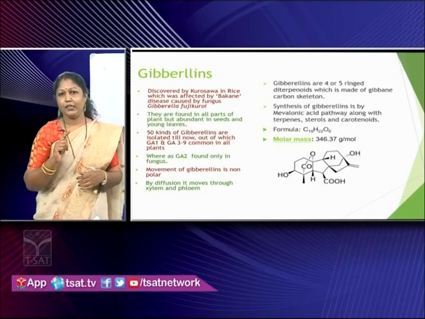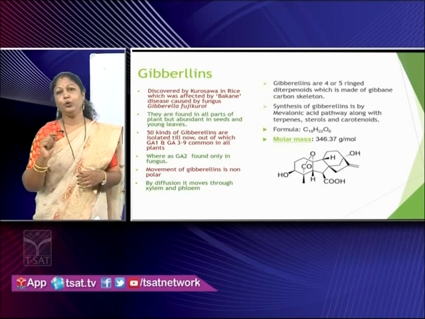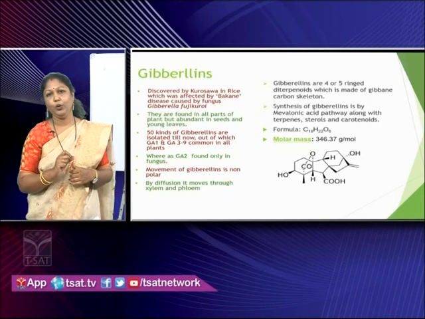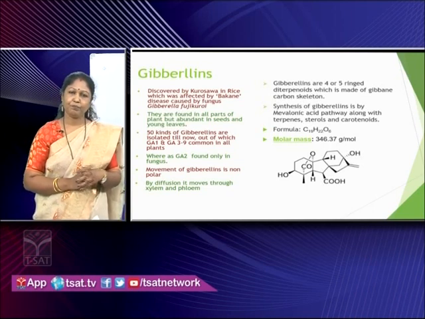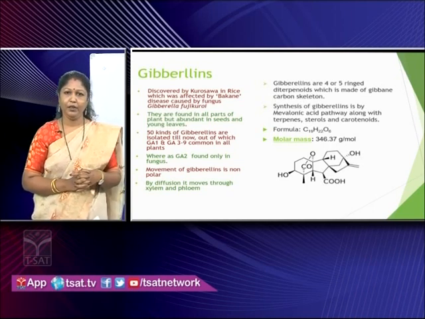Except GA2, GA1 to GA9 are found in plants, and GA2, that is gibberellin 2, is found only in the fungus. If we are talking about the movement, these gibberellins are non-polar in movement. They can traverse in both directions, and they are quite passive in their movement.